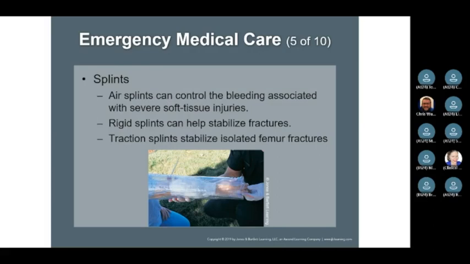It acts as a pressure dressing applied to an entire extremity rather than to a small local area. Rigid splints can help stabilize fractures as well as reduce pain and prevent further damage to soft tissue injuries. Traction splints are designed to stabilize isolated femur fractures, and after application, monitor circulation in the distal extremity.